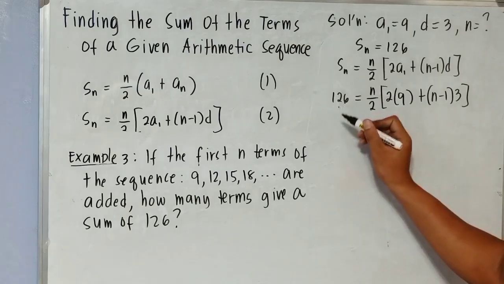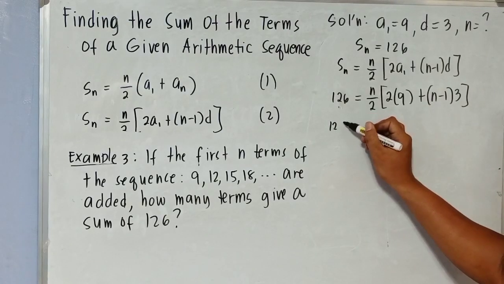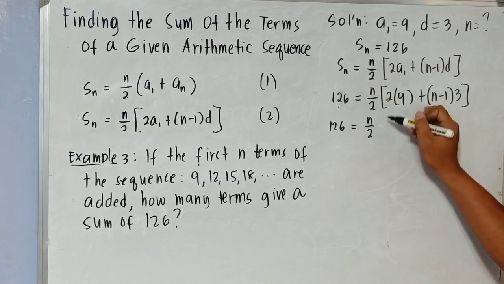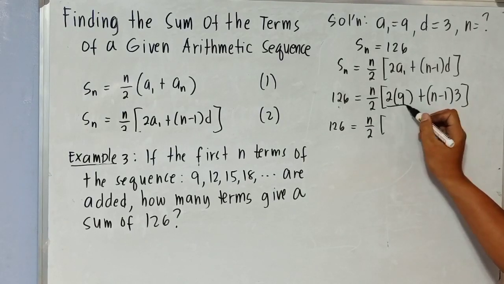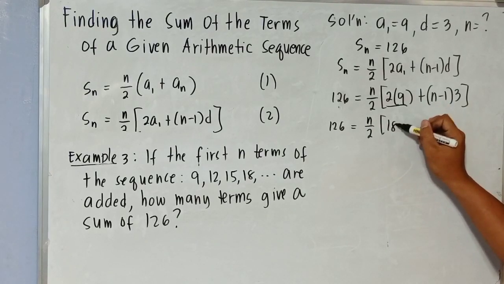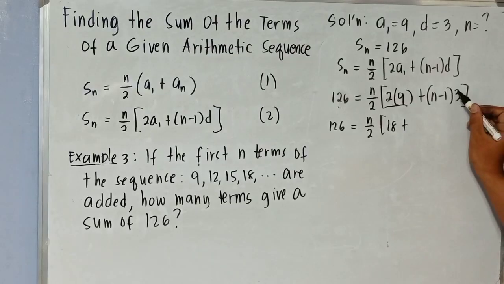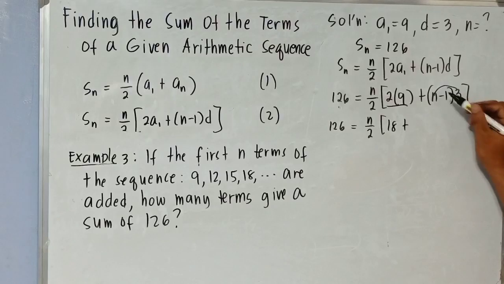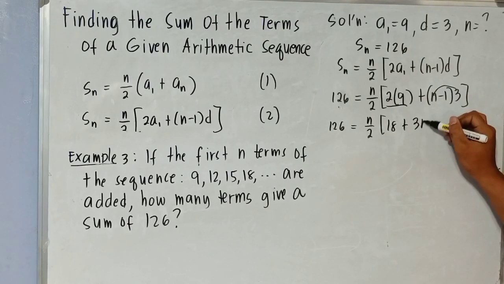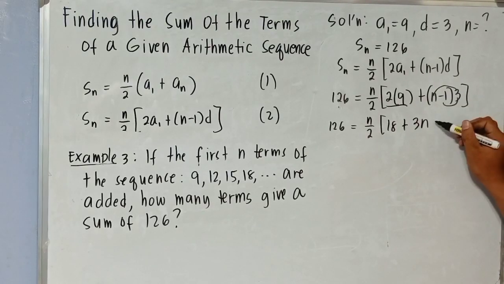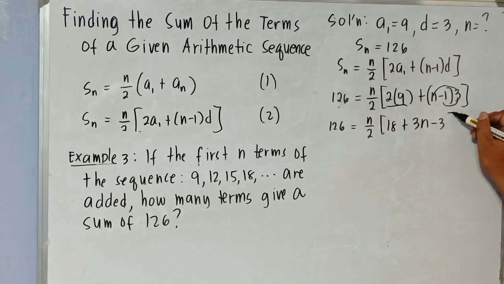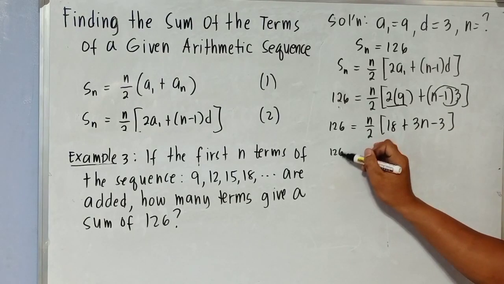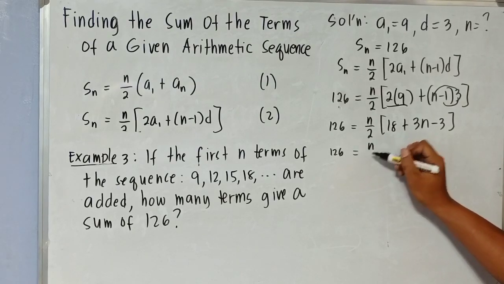Okay? Copy 126 equals n over 2. Multiply these two numbers here, that's 18, plus distribute 3 to n minus 1. 3 times n, that's 3n. 3 times negative 1, that's negative 3. Okay? Copy 126 equals n over 2.